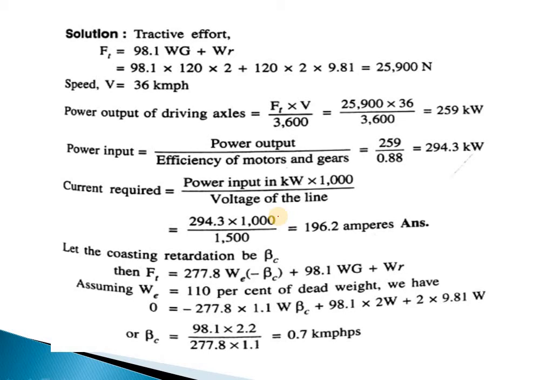First we will calculate the tractive effort by putting the values directly in the equation. The equation is Ft equals 98.1 Wg plus Wr. Here we have not taken the Wa part because the acceleration part is not here.